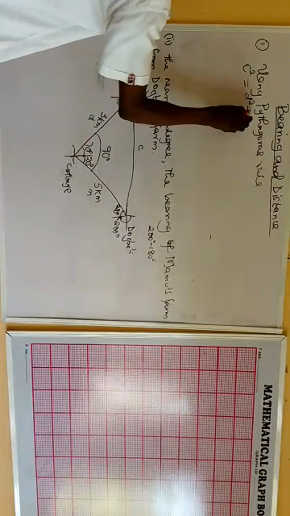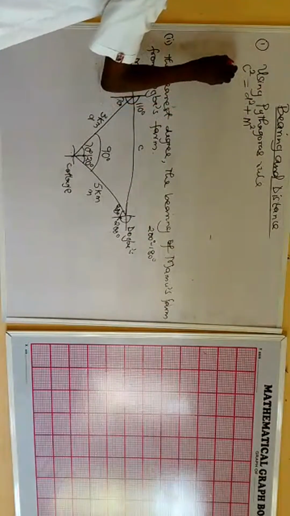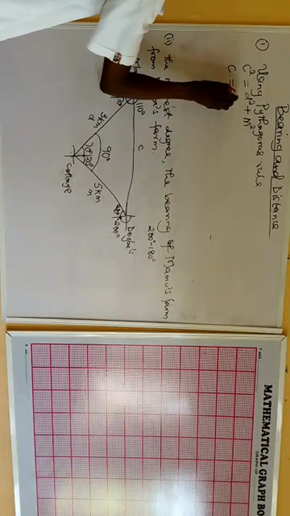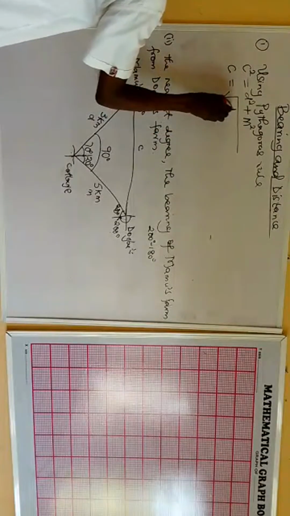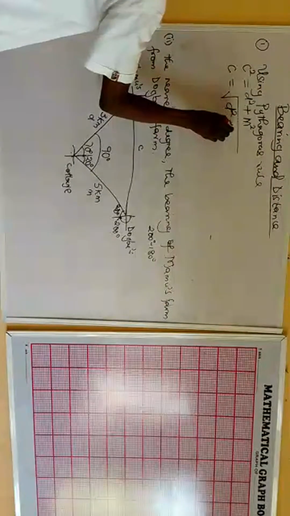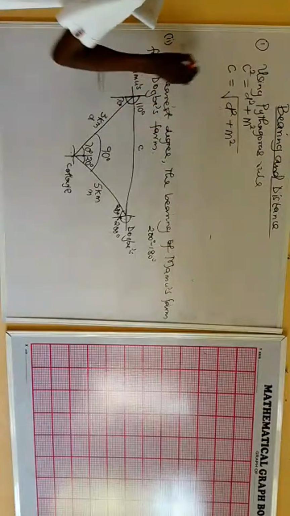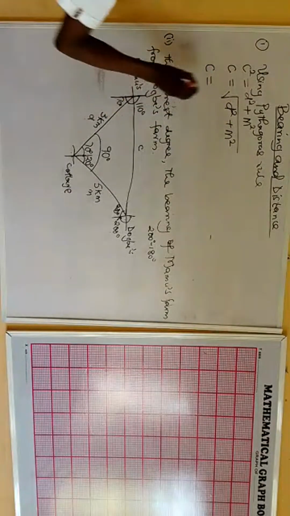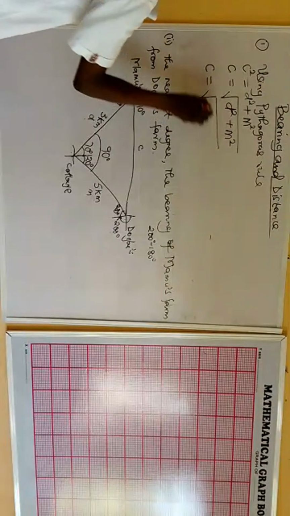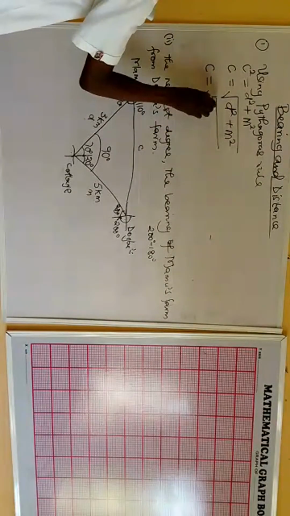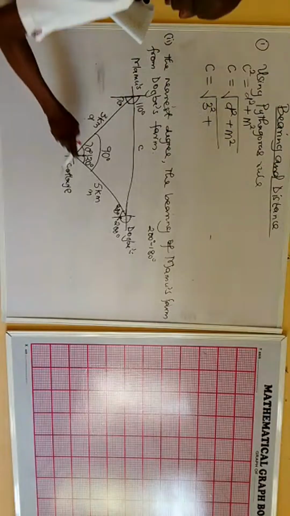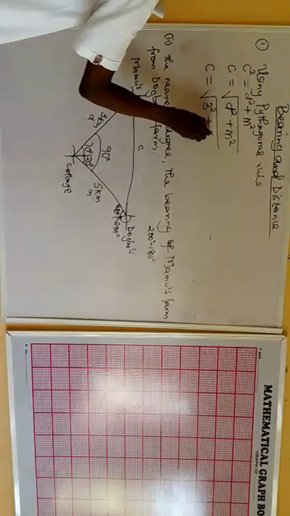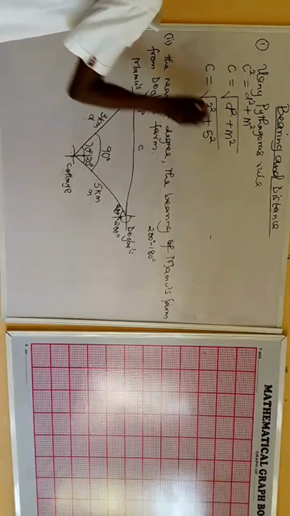So c is the square root of d square plus m square. Then c, what is d there? D is 3, the square root of 3 square, and m is 5 square.